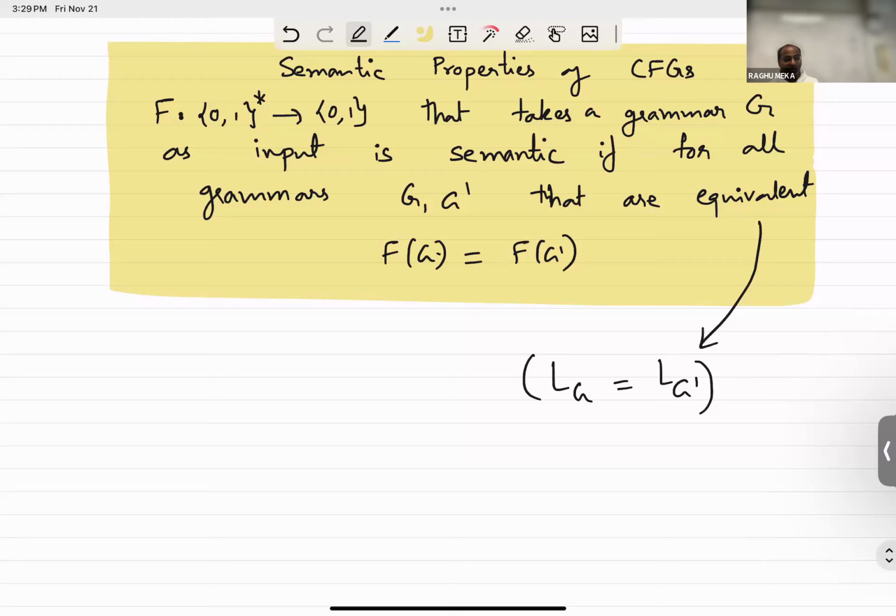So for Turing machines, every non-trivial semantic property was super hard. You cannot compute it. Fortunately, there are semantic properties of context-free grammars that we can actually compute. Turing machines are great, but they give you this strong limitation that you cannot reason about them. No semantic property, other than the most trivial ones, is computable.